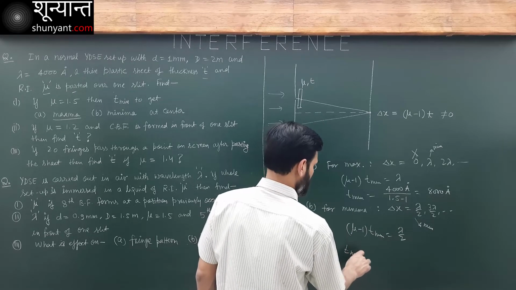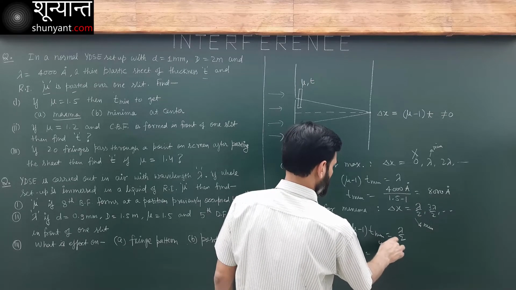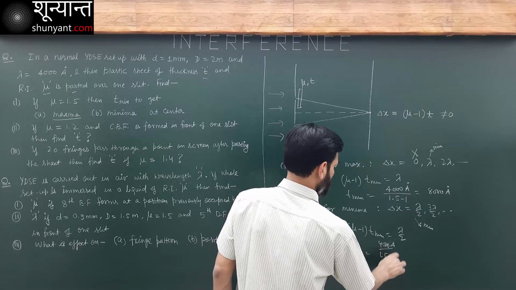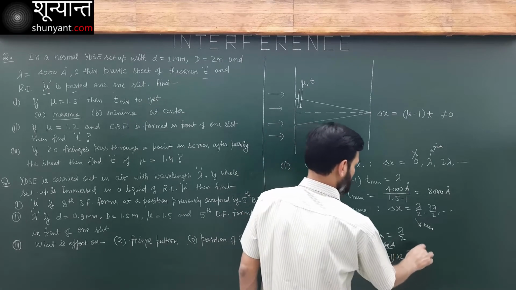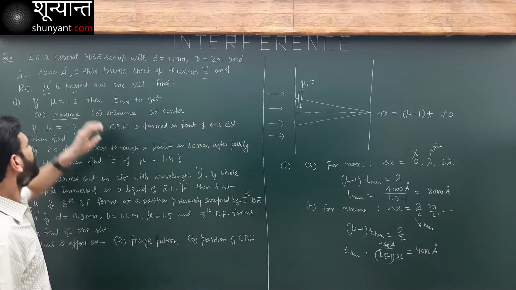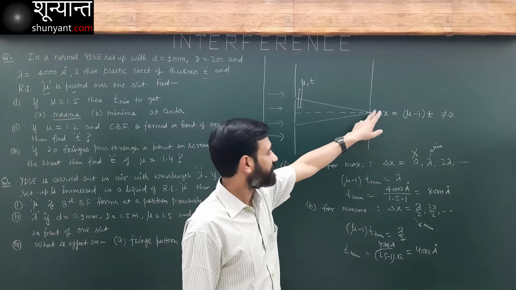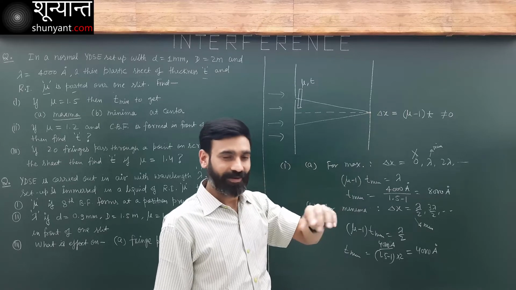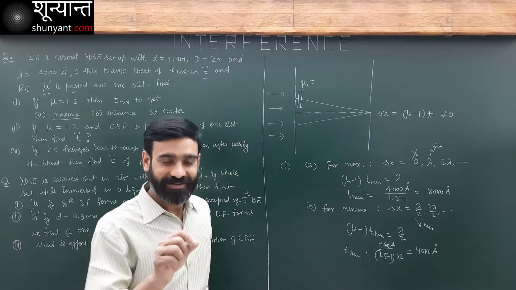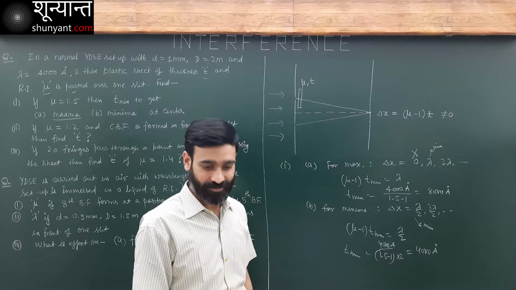So t minimum is 4000 angstrom over (1.5 minus 1) times 2, which becomes 4000 angstrom. If the thickness of my sheet is 4000 angstrom, at the center I will get a minimum. If it is 8000, I will get a maximum, a bright fringe, but it is not the central bright fringe because the path difference is not 0.